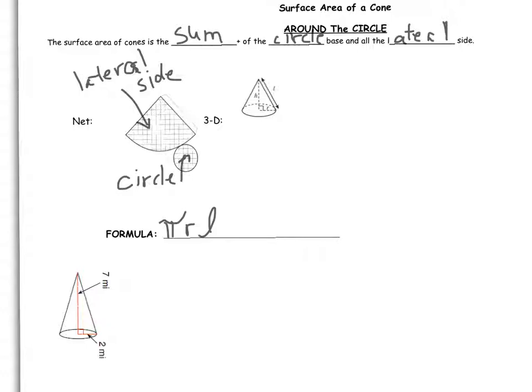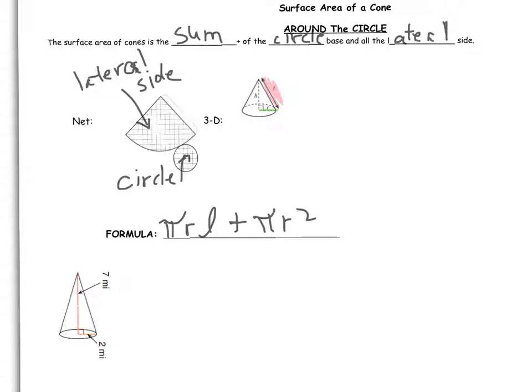Remember, we want the outside height for all of these, plus pi r squared, or in other words, the area of the circle on the bottom. So once again, we'll be using the slant height right here, the outside, and we'll also be using the radius.